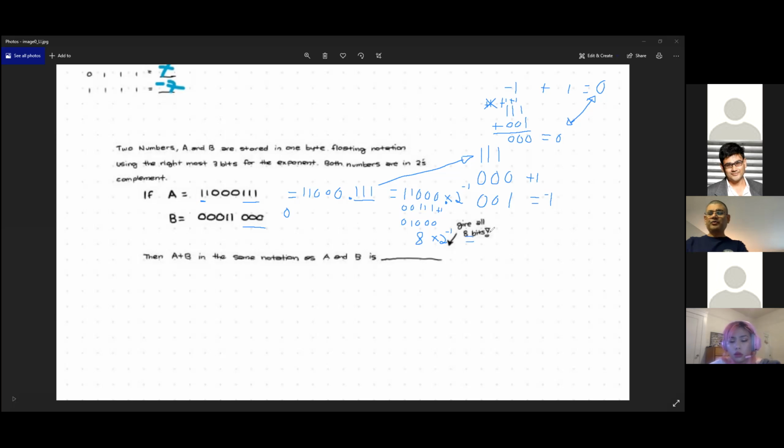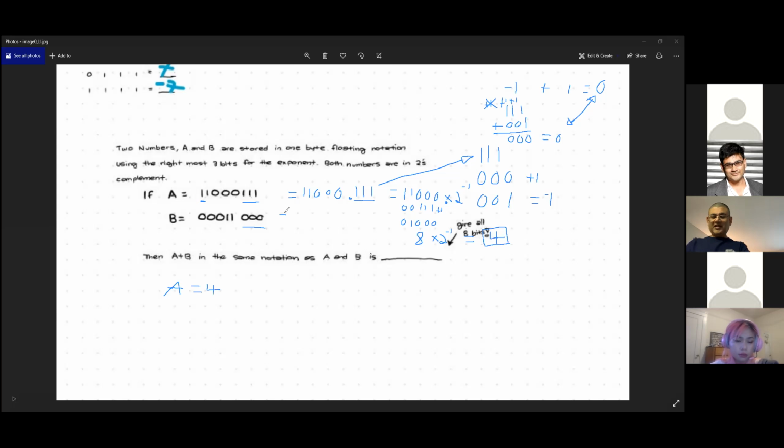I'm going to write that here. Does anyone want to try to convert what B is? Wait a minute, is two's complement form when it's not negative equal to regular binary? Correct. If it says it's in two's complement, it's in two's complement. It just means it's a regular positive number.